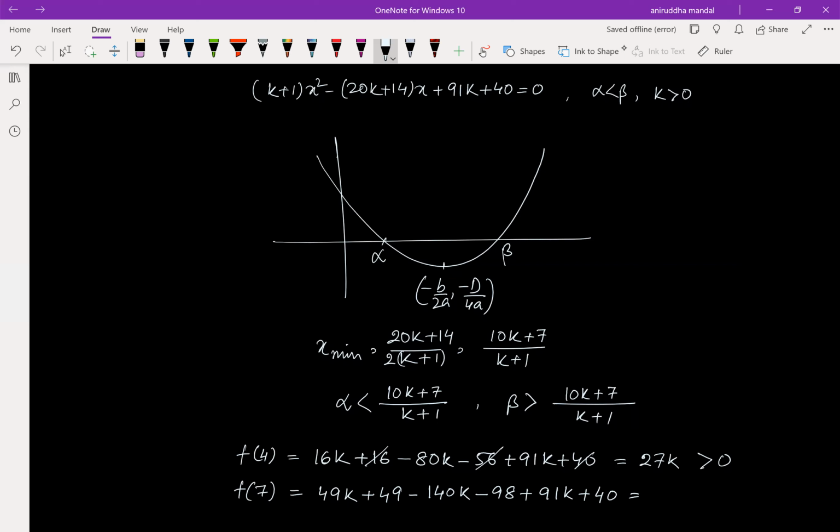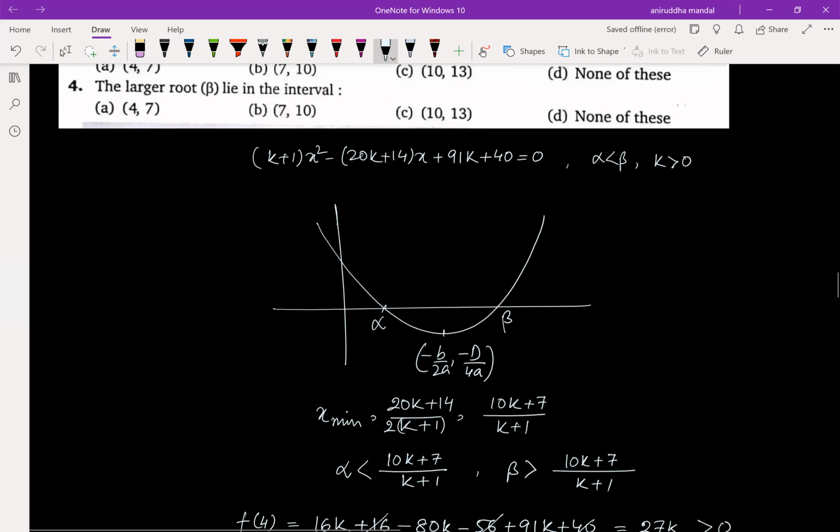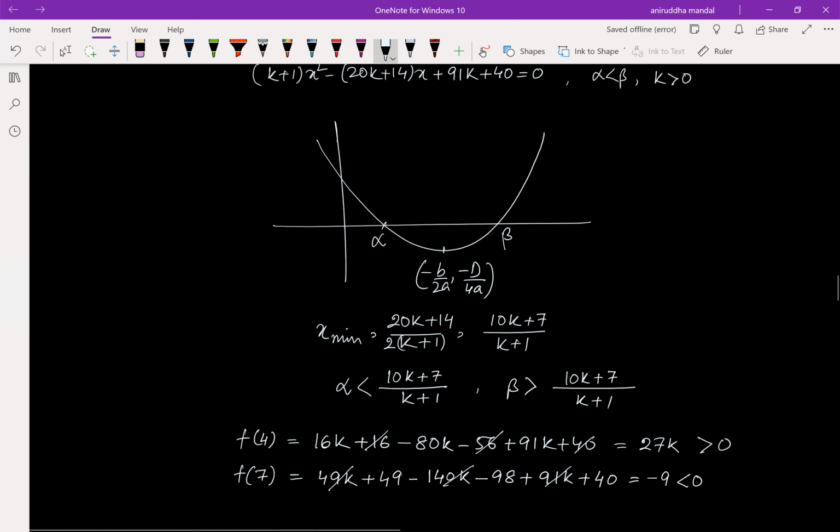So this will get cancelled and this is minus 9. So minus 9 is less than 0. So f4 and f7 we have found out, and similarly we'll check for f10 and f13.